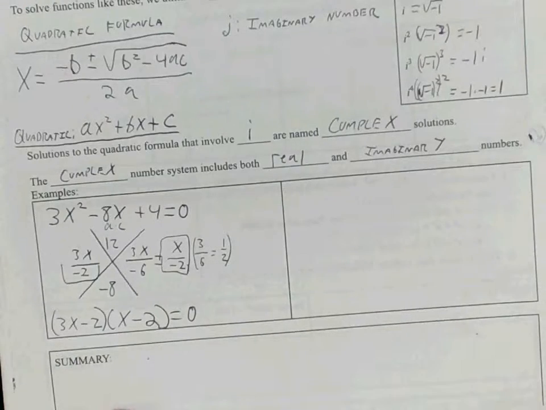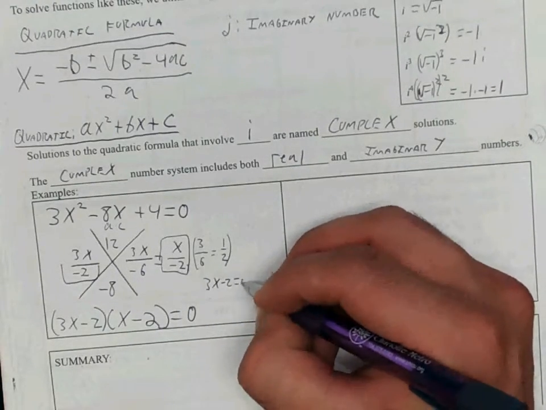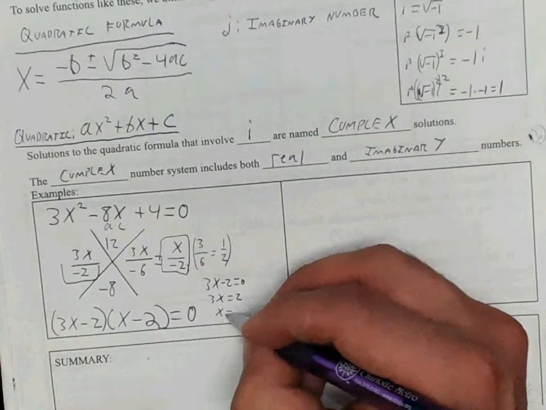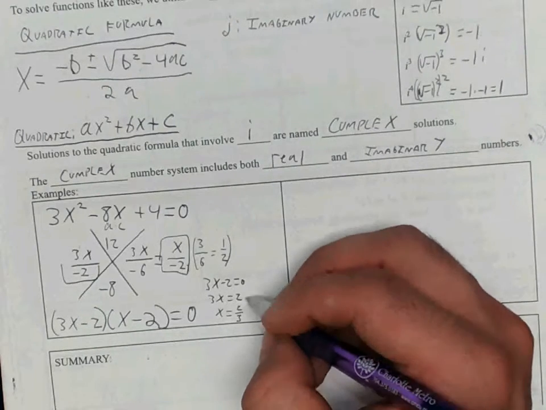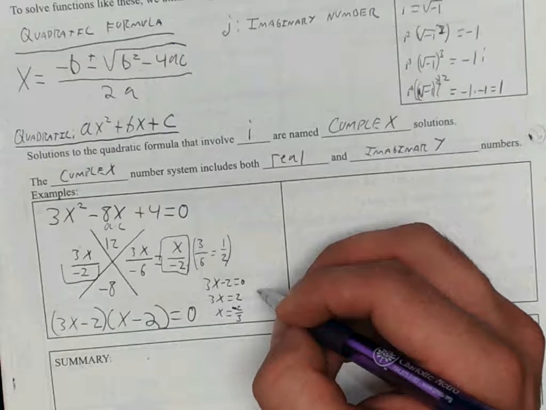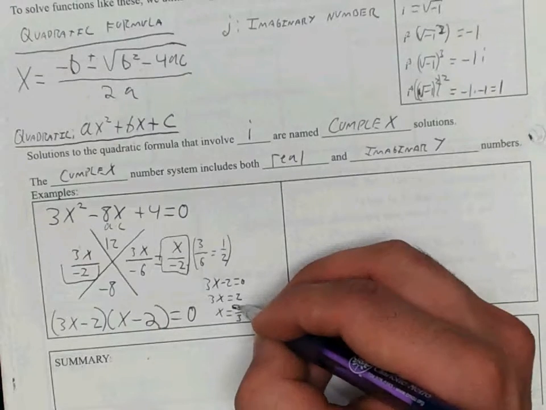So when we actually solve, we say 3x minus 2 equals 0, 3x equals 2, x is equal to 2/3. Well, negative 2/3, sorry. Oh, sorry, no, 2/3, I'm sorry.